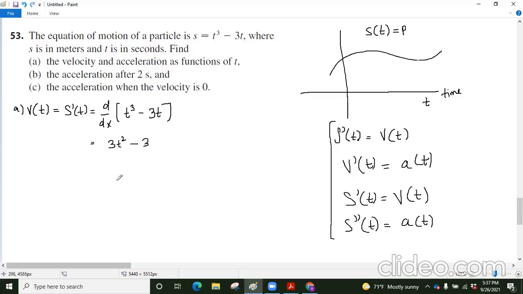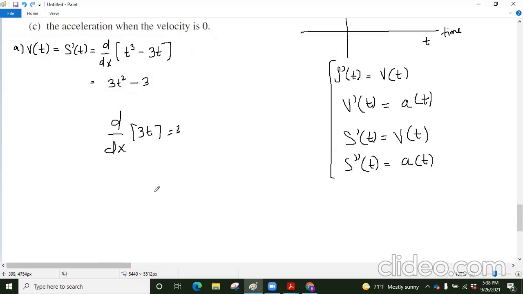So why did I say the derivative of 3t is 3? Well, the idea behind that is, I have something of the form d over dx of a constant, which in this case is 3, multiplied by a function, which in this case is t.